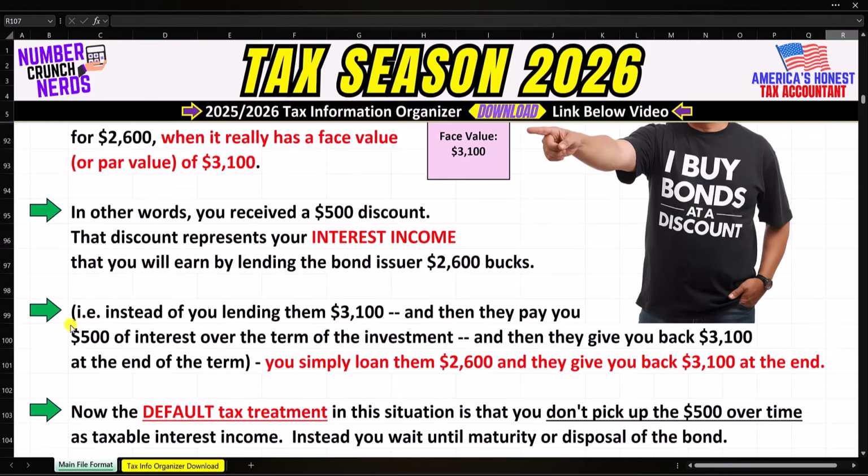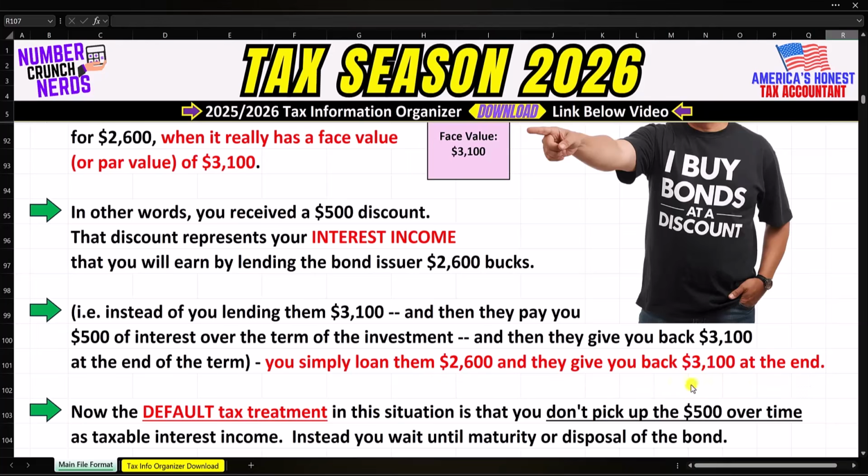Just in case you're not following that, instead of you lending the bond issuer $3,100 and then having them pay you $500 in cash interest over the term of the investment, and then they give you back your original $3,100 at the end of the term, you simply loan them $2,600 up front, and then they give you back $3,100 at the end.